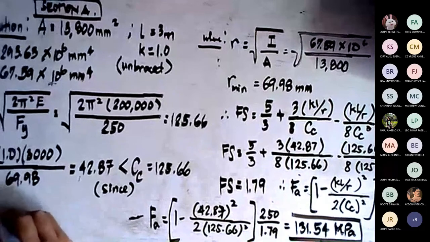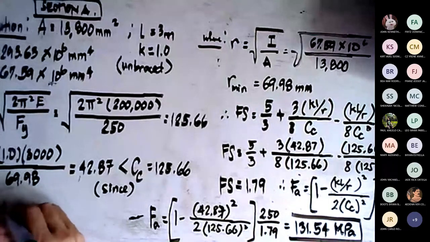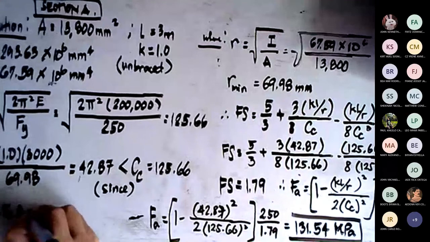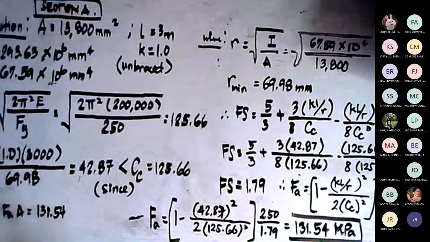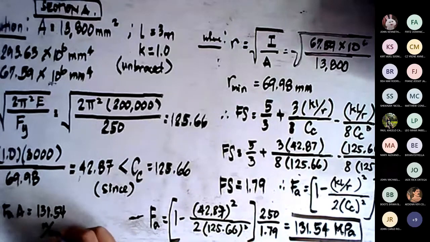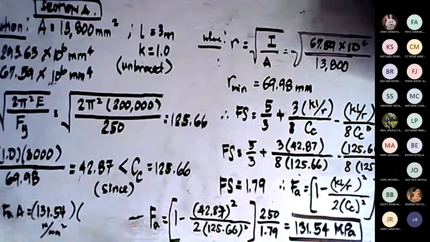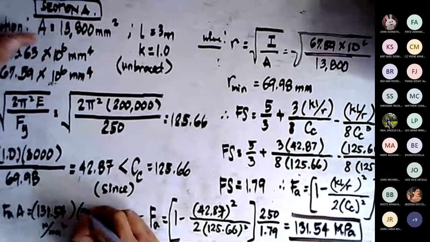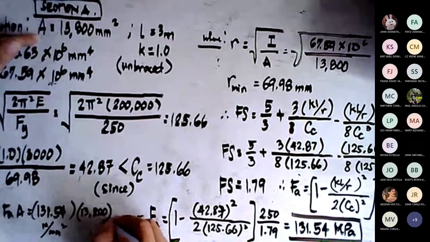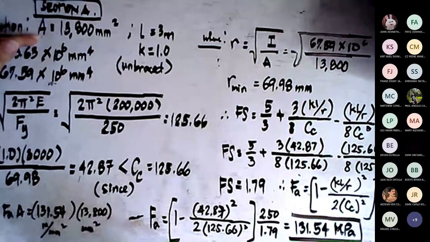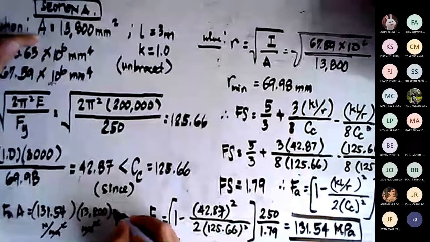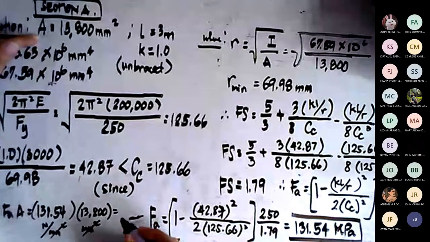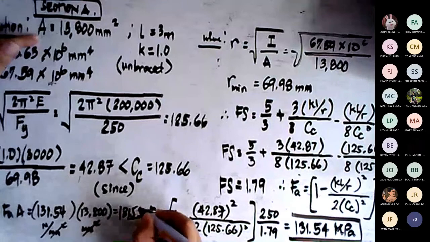Therefore, our critical load will be equals to Fa times area, which is equals to 131.54 Newton per millimeter squared multiplied by area, which is 13,800 square millimeter. So this will cancel out. We will have the value for load, which is 1,815 kilonewton.